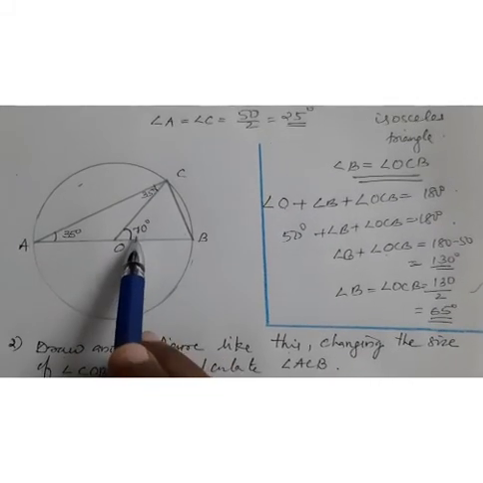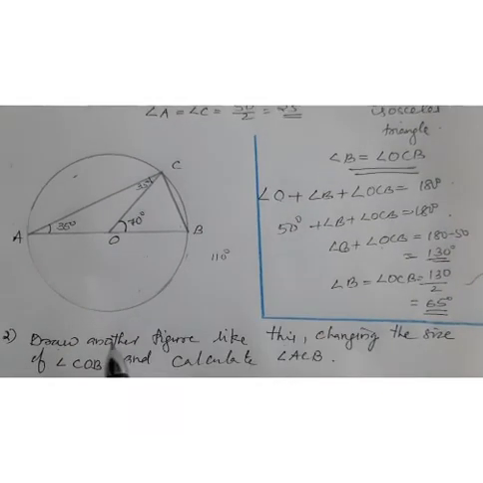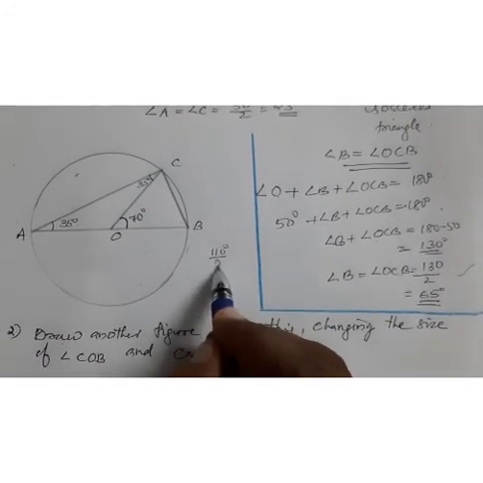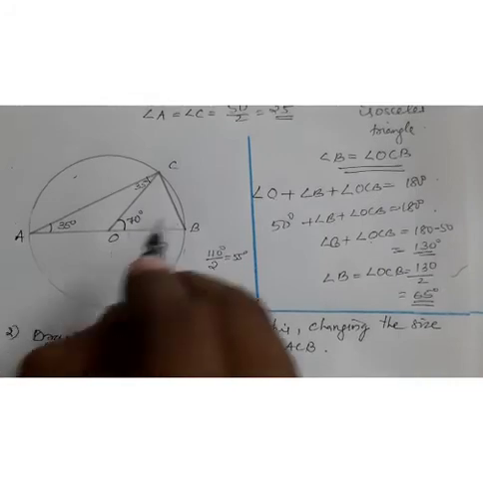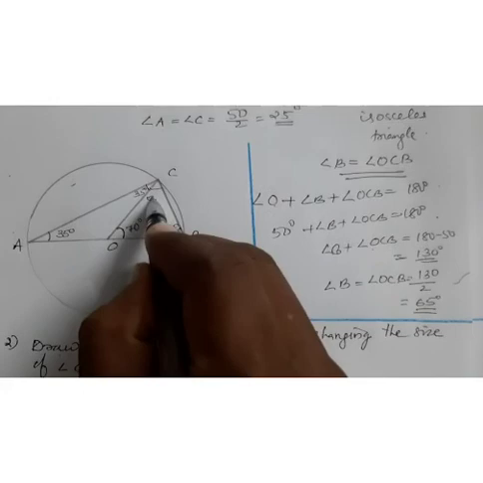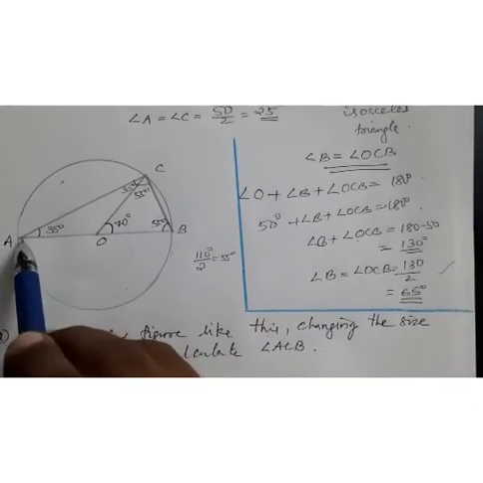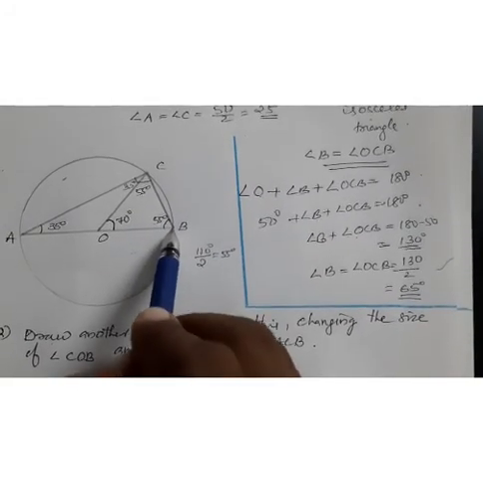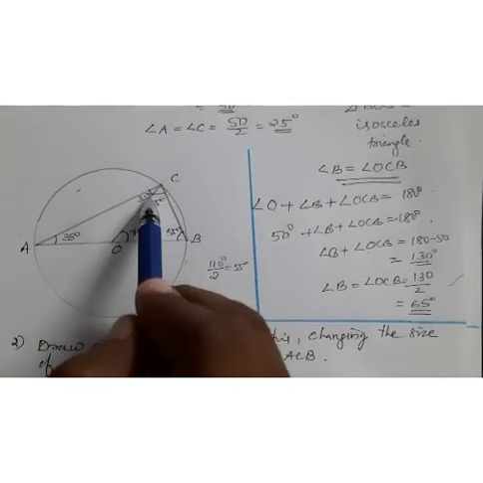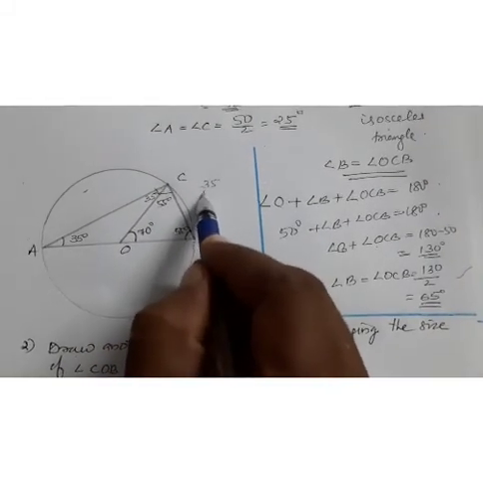So 180 minus 70 is 110, we will get. This 110 should be divided equally, it will get 55 degree, sorry. So this angle is 55, this angle is also 55. And already studied, if the lines from the diameter are joined together to a point on the circle, what about this angle? 35 plus 55, we will get 90 degree.